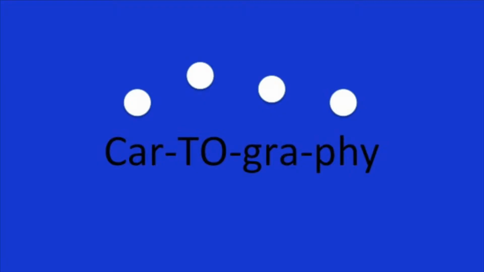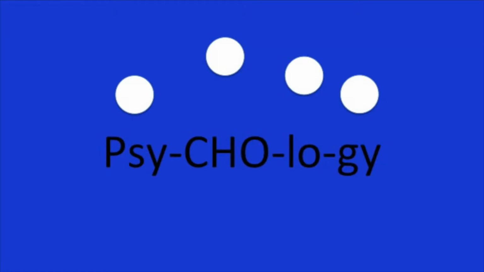And then we have some rules with four-syllable words, which have suffixes like shun, si, fi, ji. And in those, usually the third to last syllable gets the stress, like this: cartography, psychology. But there are exceptions, like information.